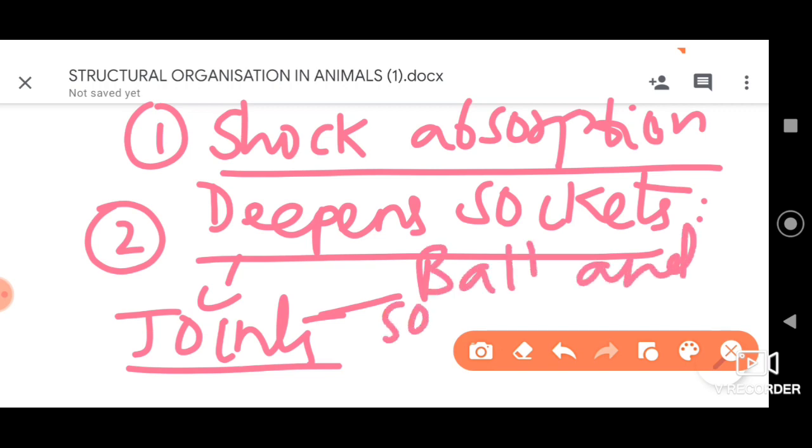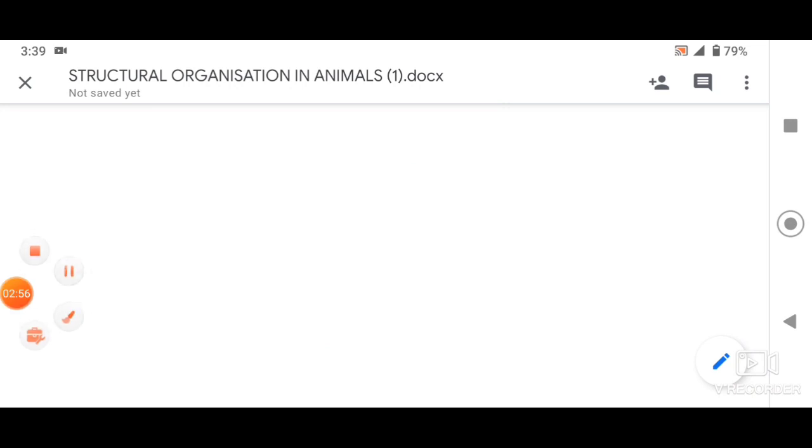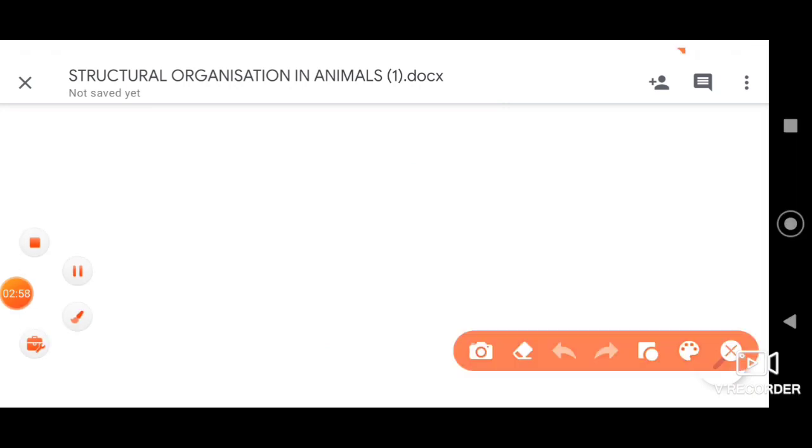Where do we find these ball and socket joints? We find them in the hip and the shoulder regions. So it helps in avoiding the dislocation of these joints because the sockets are deeply placed, because of this presence of cartilage. So this is the second function of the white fibrocartilage.